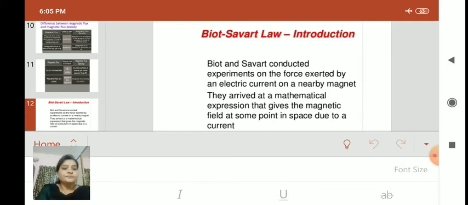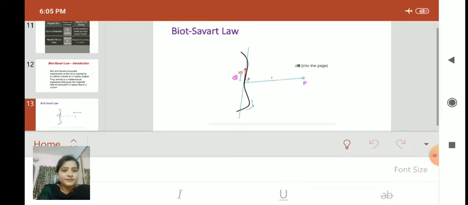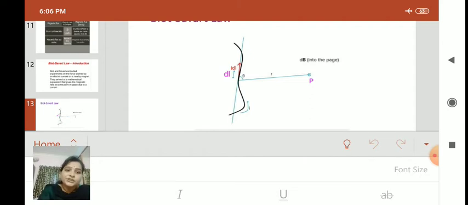Let me show this in this figure. The one shown in black is a current carrying conductor. It is divided into a number of short, small current elements.